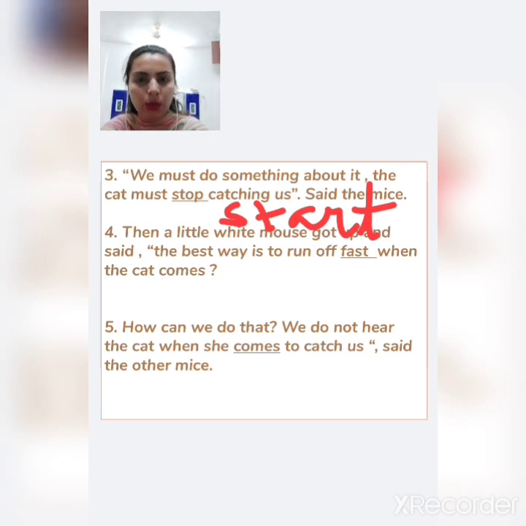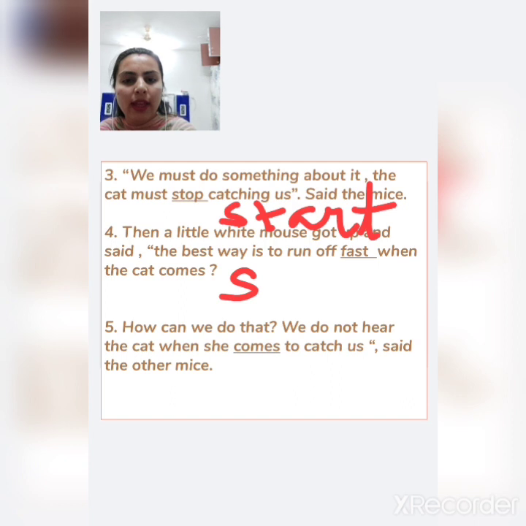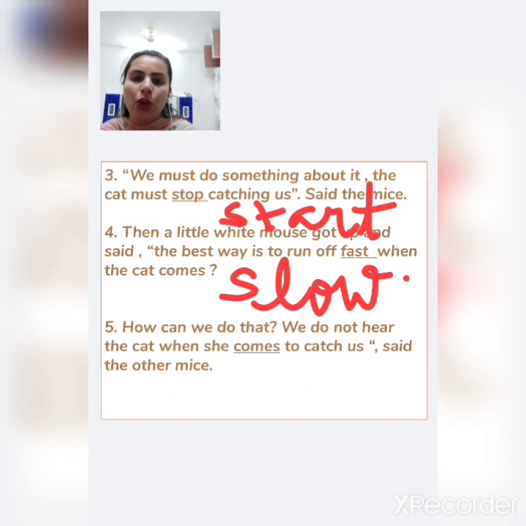So the underlined word here is fast, and the opposite of fast is S L O W, slow. What is the opposite of fast? The opposite of fast is slow.